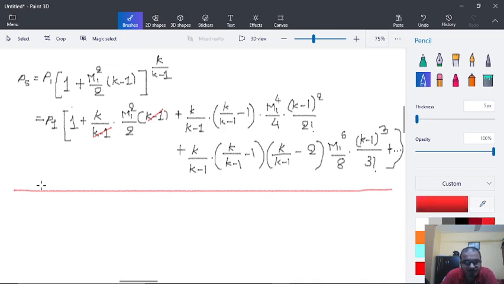So here we have k upon k minus 1 into k minus k plus 1 divided by k minus 1 into m1 raised to 4 upon 4 into k minus 1 whole square upon 2.